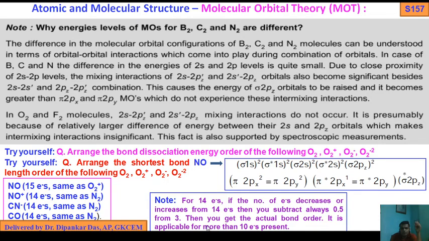It is applicable for more than 10 electrons present. C2 is 10, bond order is 2. Actually the rule is, if it decreases then you subtract 0.5, and if it increases, then you add.